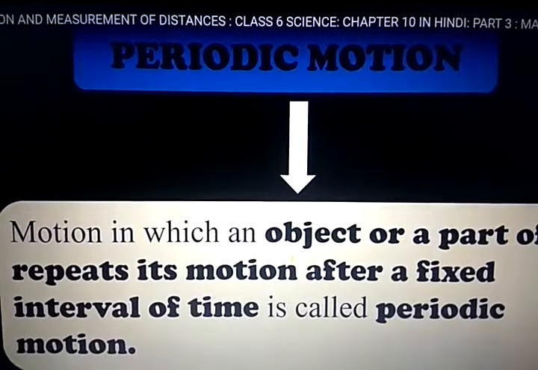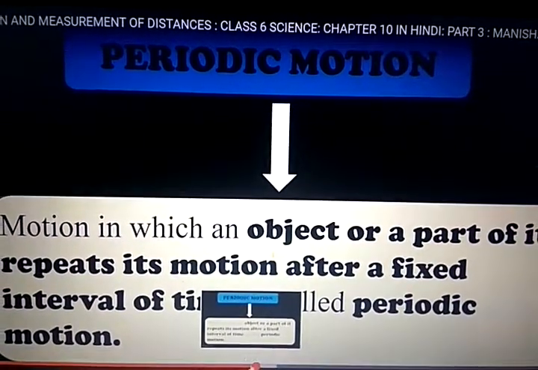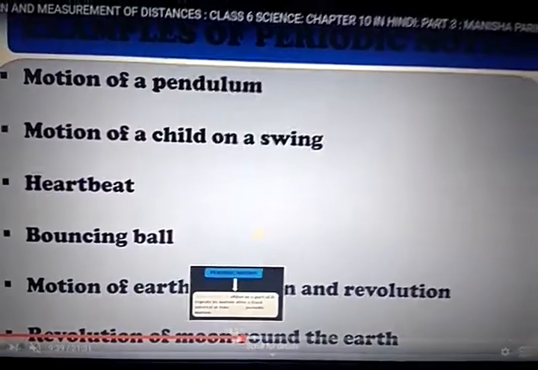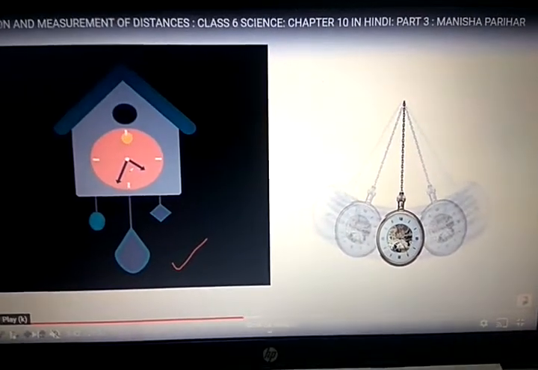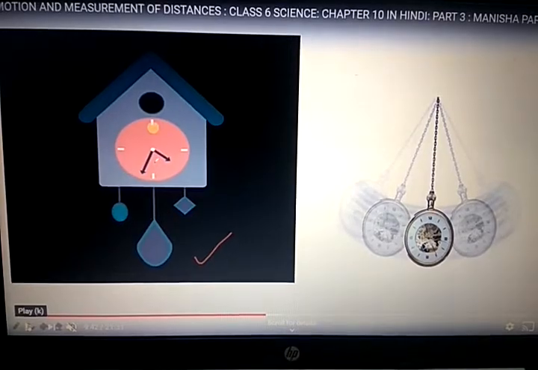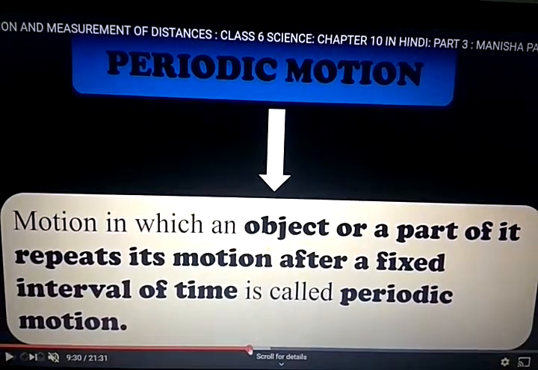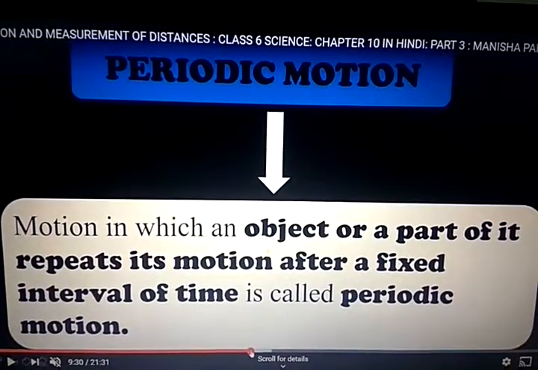Motion of a merry-go-round. Another motion, periodic motion. Motion in which an object, or part of it, repeats its motion after a fixed interval of time is called periodic motion.